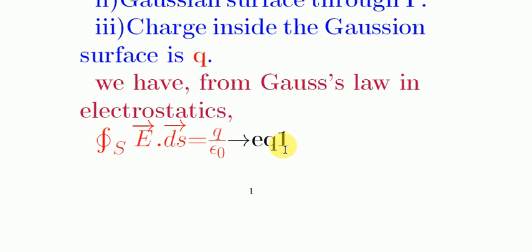This is equation 1, where epsilon 0 is the permittivity of free space and Q is the charge enclosed by the Gaussian surface S. The closed surface integral E dot dS means the total flux through the Gaussian surface S.